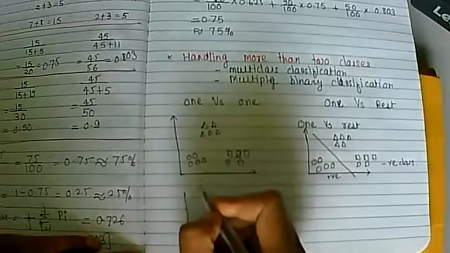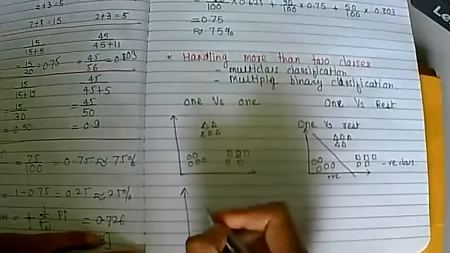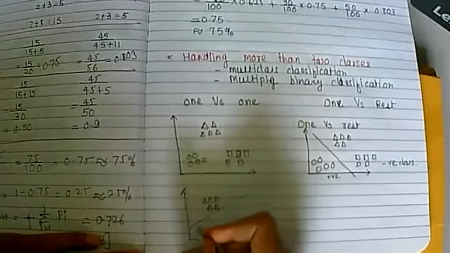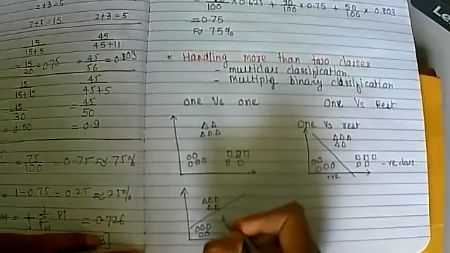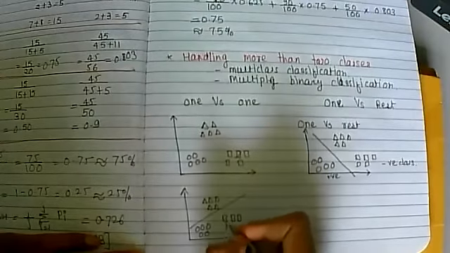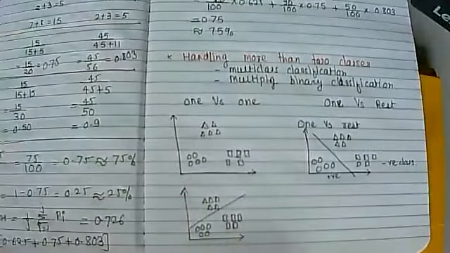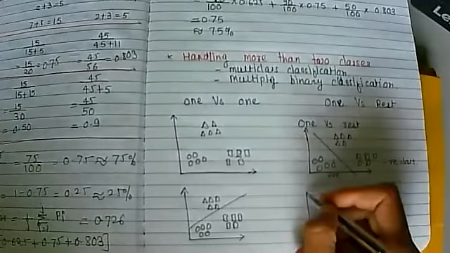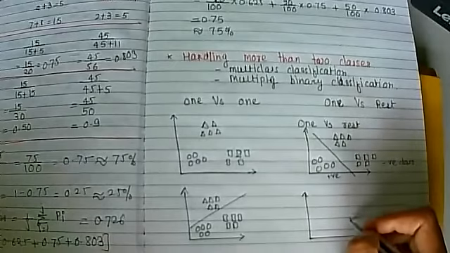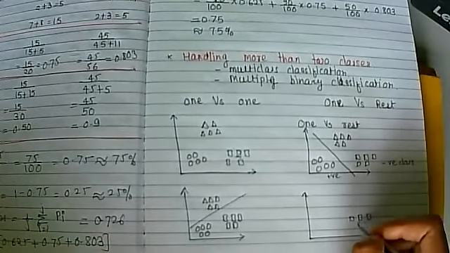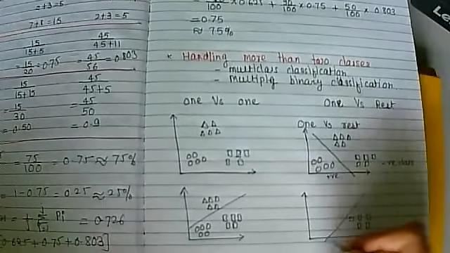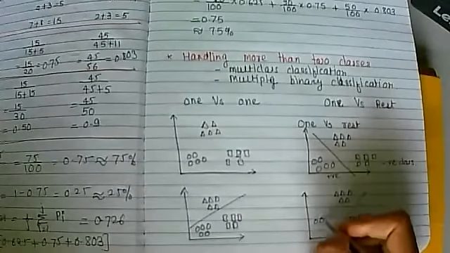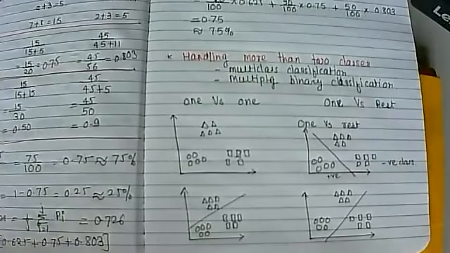Second possibility is what? We can separate triangle from circle and square. So this is the second possibility. What is the third possibility? Third possibility is we have to separate out the square class from triangle and circle.